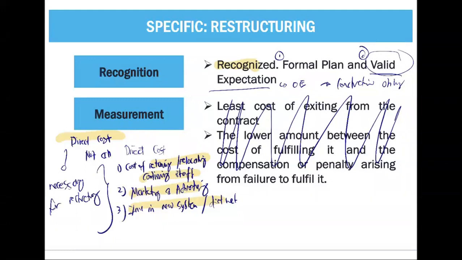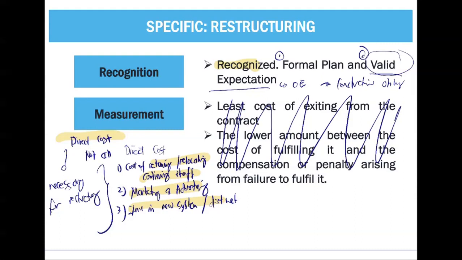Okay, so we're done with provisions. Under provisions, we recognize them, uncertain timing or uncertain amount. How do we recognize them? Once it is probable, measurable, or it results from a past event. And then, how do we measure it? We measure it using your best estimate, continuous range, or large population of items.